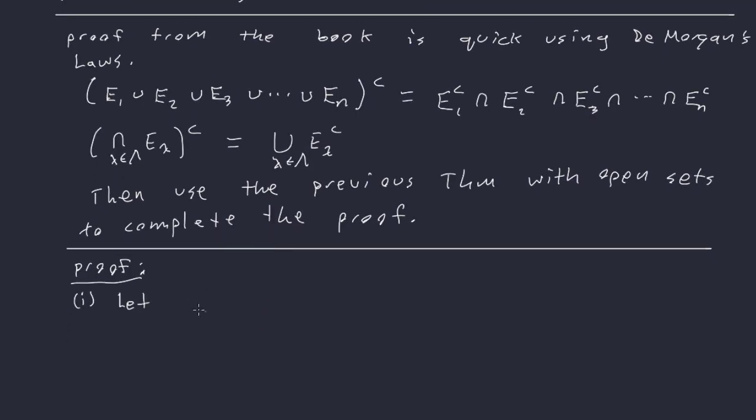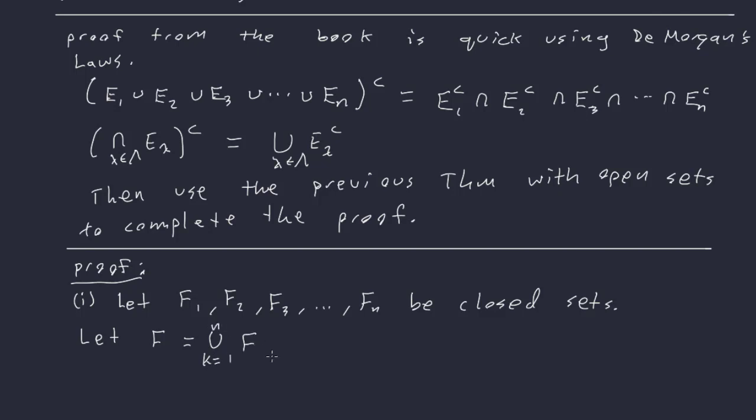So let's say F1 all the way through Fn be closed sets. Then let just normal F be the union, k going from 1 to n, of these closed sets.